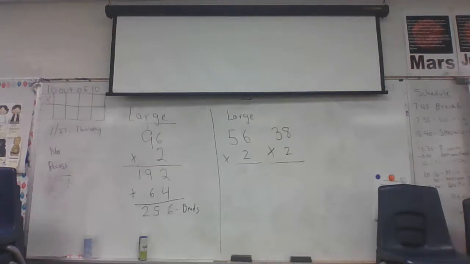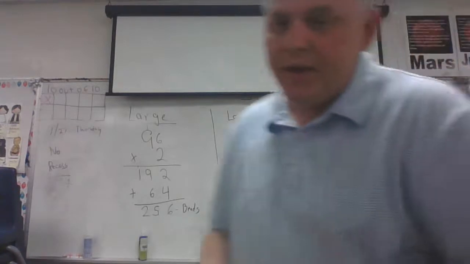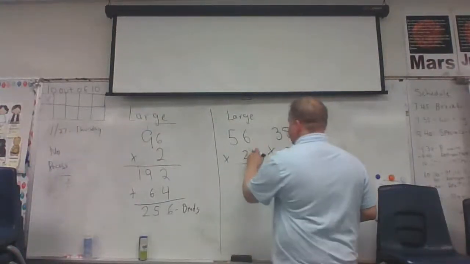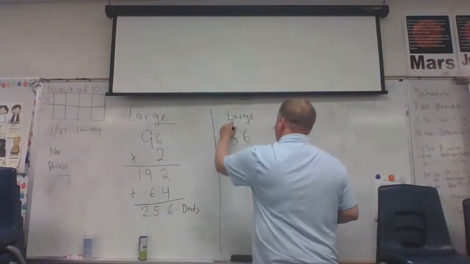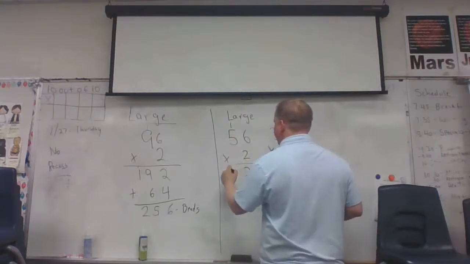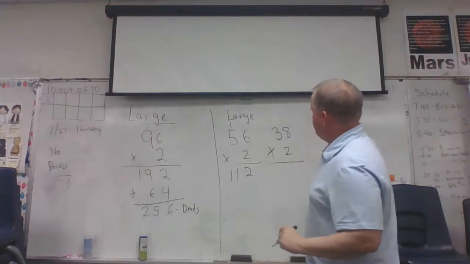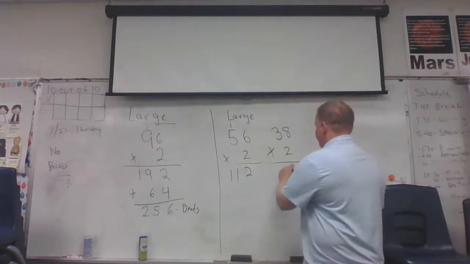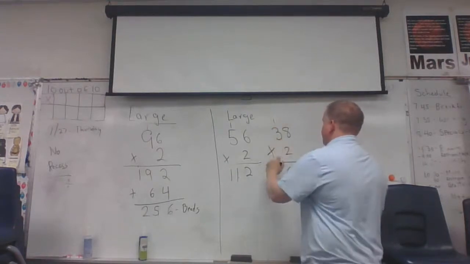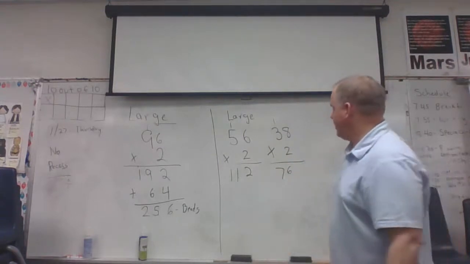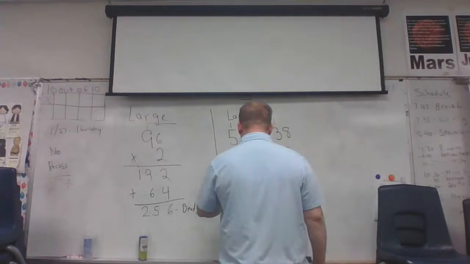All right, I see answers in the chat. Six times 2 is 12. And then we have 112 large buttons. Then we have our 76 medium buttons. Now add those 2 together.